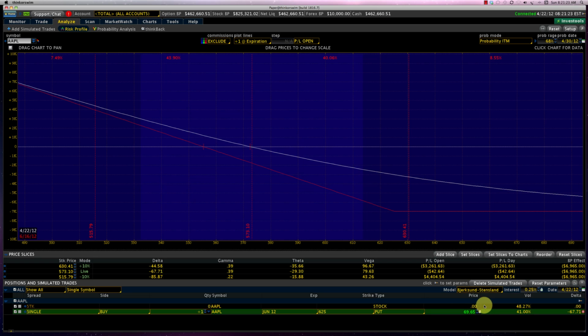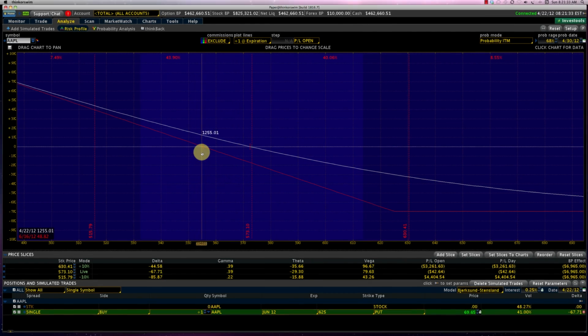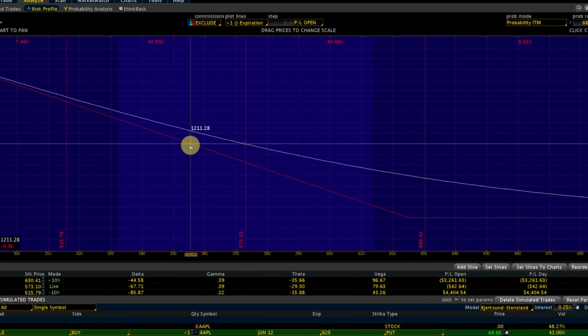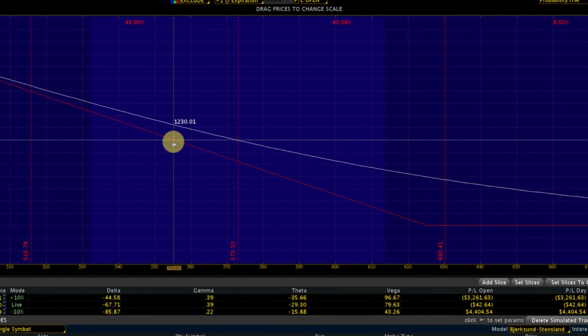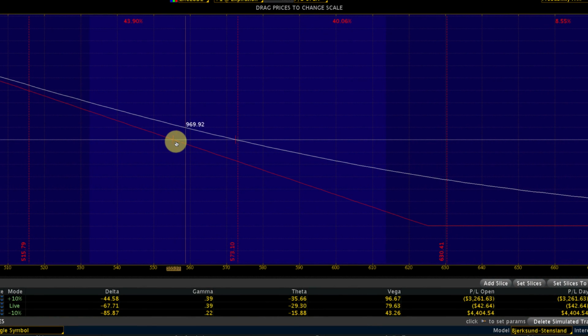It's an in the money option. It's got a lot of intrinsic value, about $70. So if you subtract 70 from 625, that's exactly where your break even is. So your in the money put options are going to have a much better chance of profitability and much quicker.